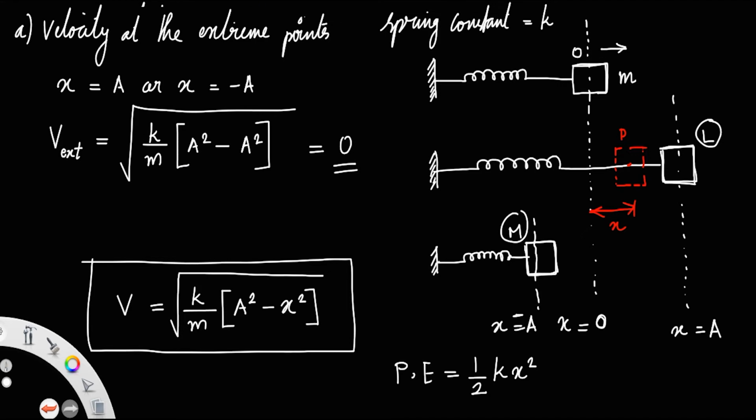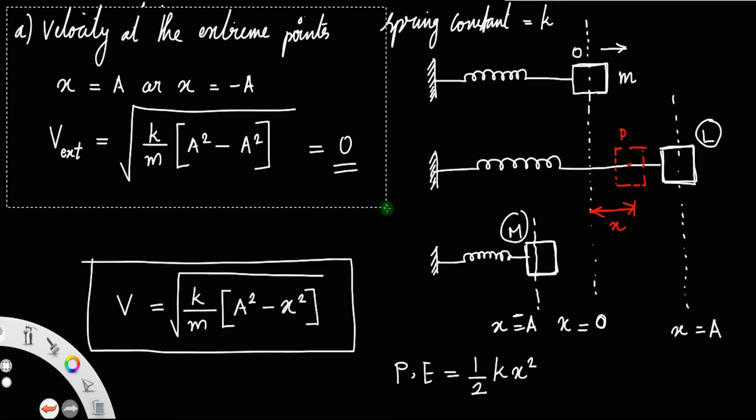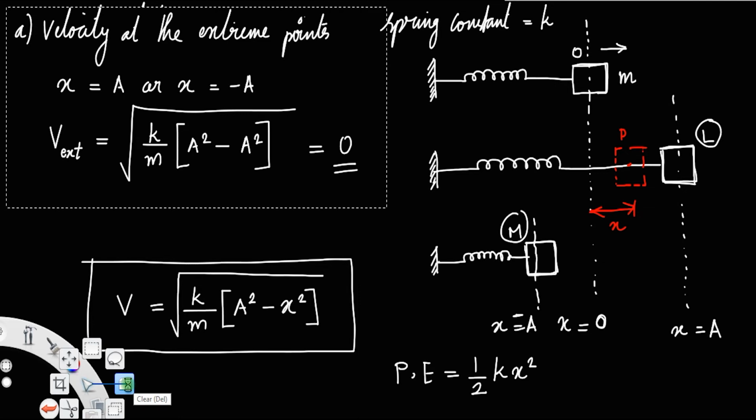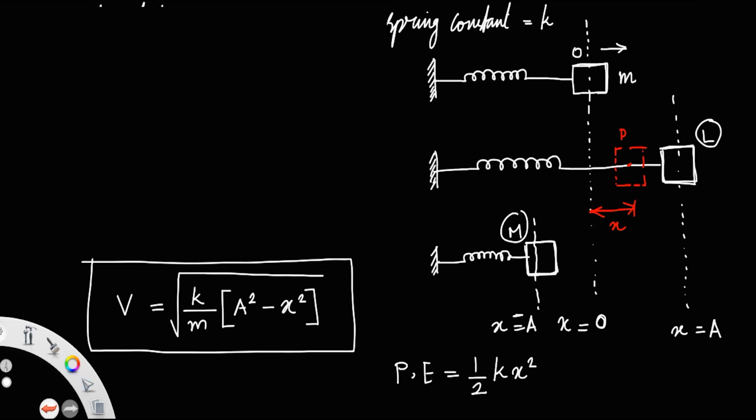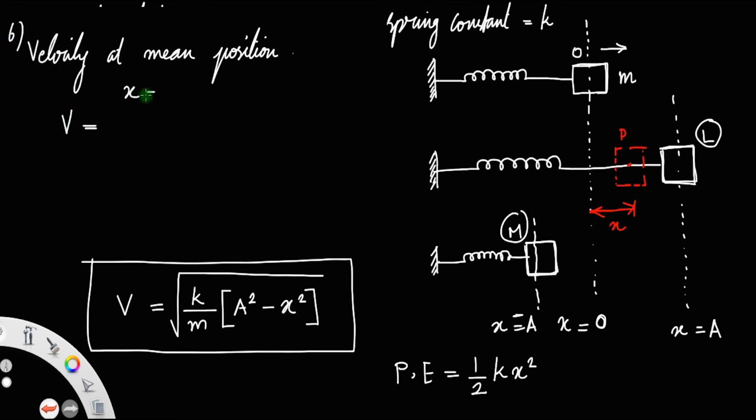Then what about the velocity at the mean position? Velocity at mean position. Which means case B. Therefore, at mean position, you know x is equal to 0.